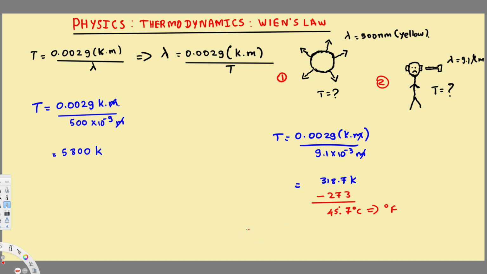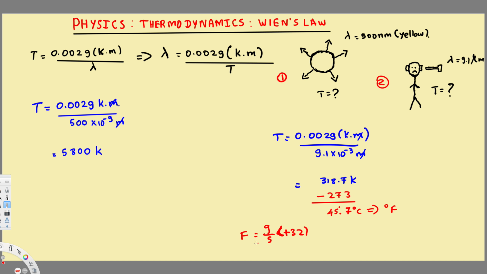So let's calculate that one. So F is equal to 9/5 multiplied by Celsius, plus 32.